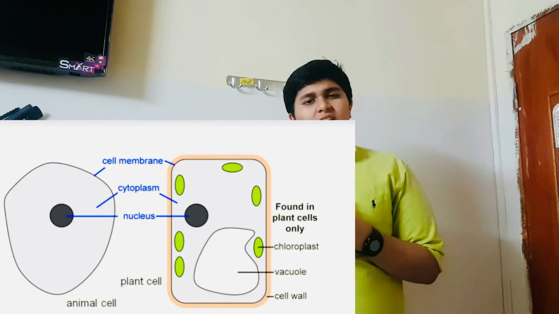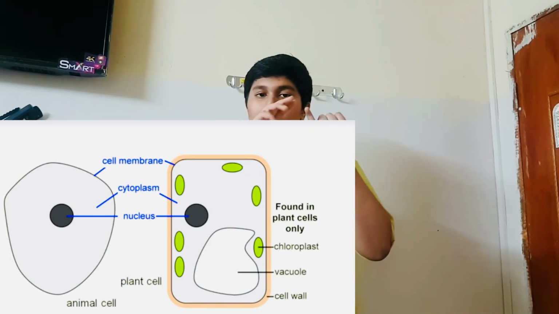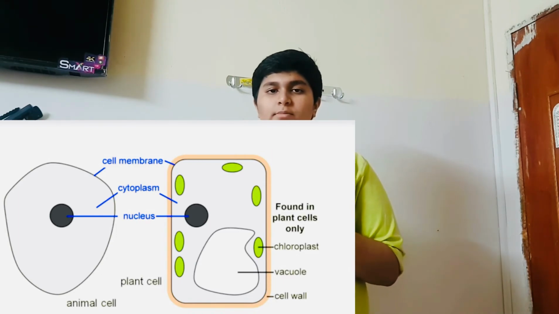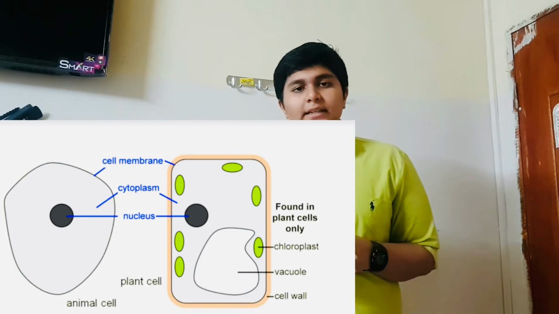The similarities in both cells are three: the cell membrane, nucleus and cytoplasm. You may think I missed two points, chloroplast and vacuoles. Chloroplast is seen in plant cells. In some animal cells only vacuoles are found, and they are smaller, but in plants they are larger.